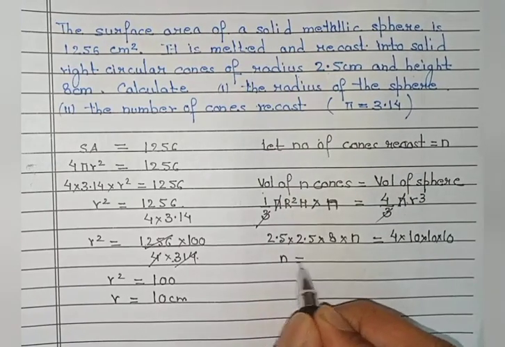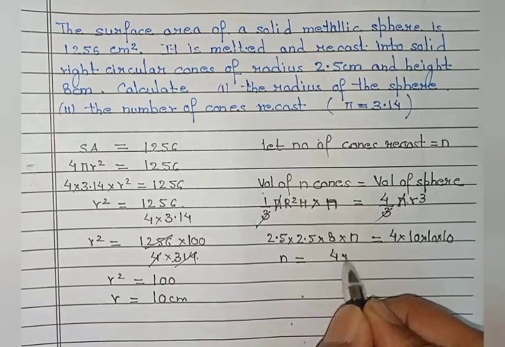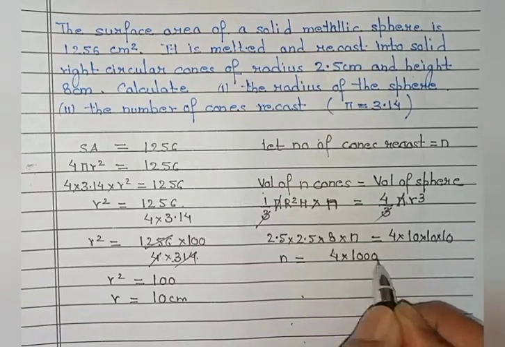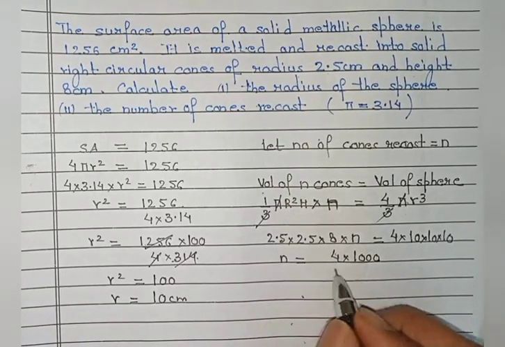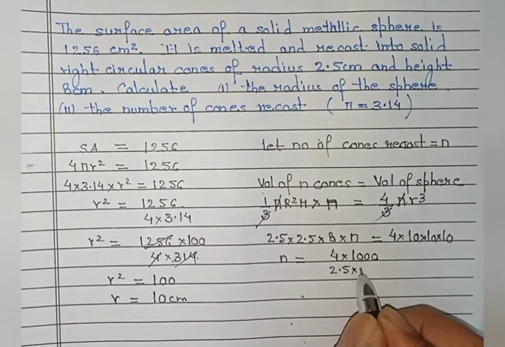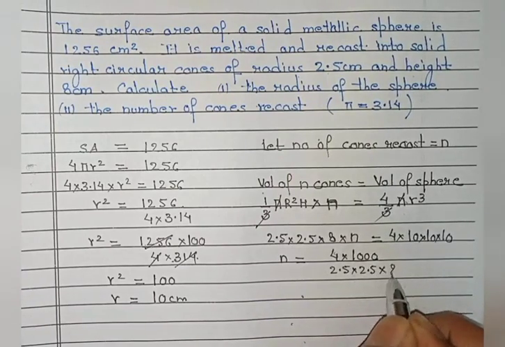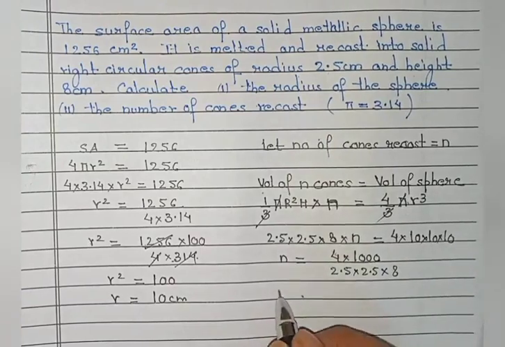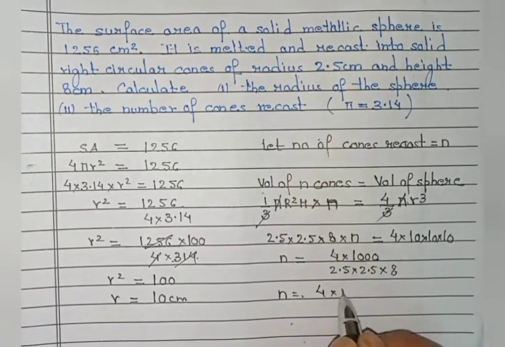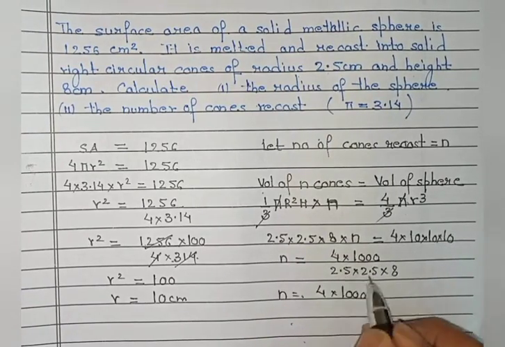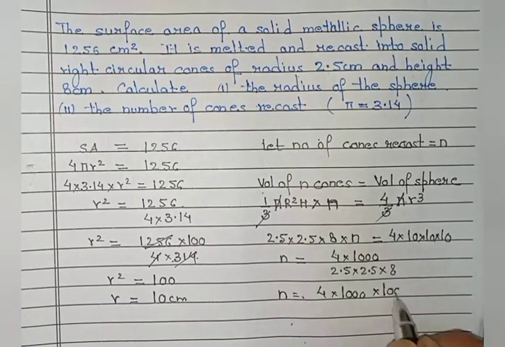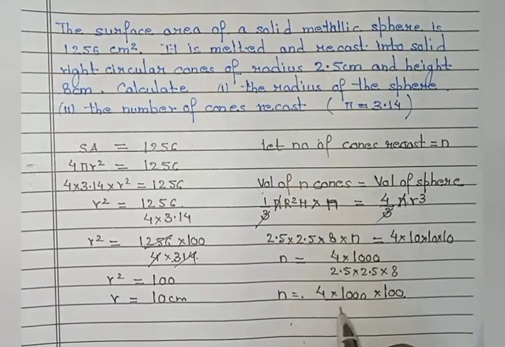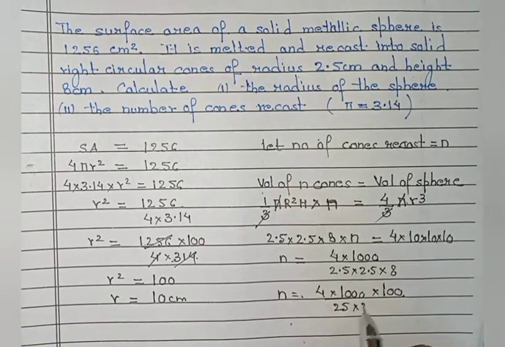So from here n is equal to 4 into 1000 upon 2.5 into 2.5 into 8. Now let's solve this. Remove the decimals, so you can increase by 100 here. 25 into 25 into 8.